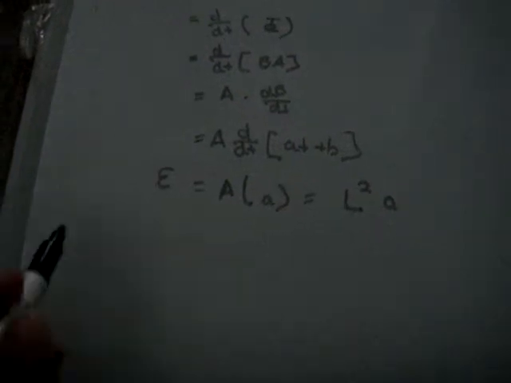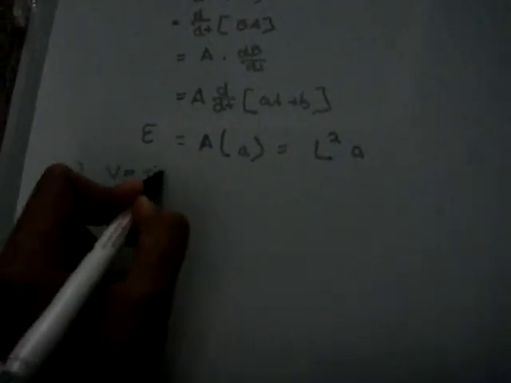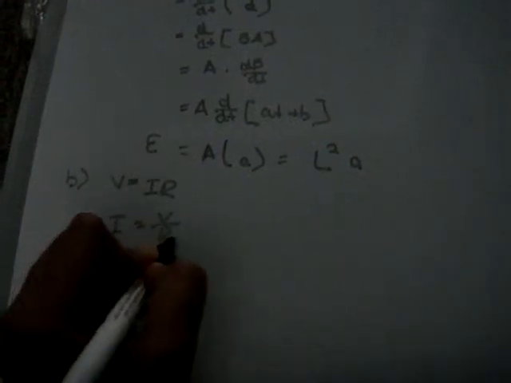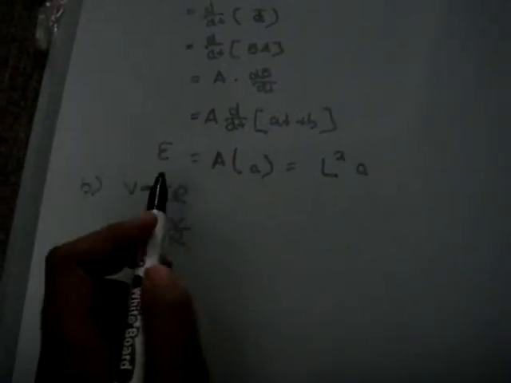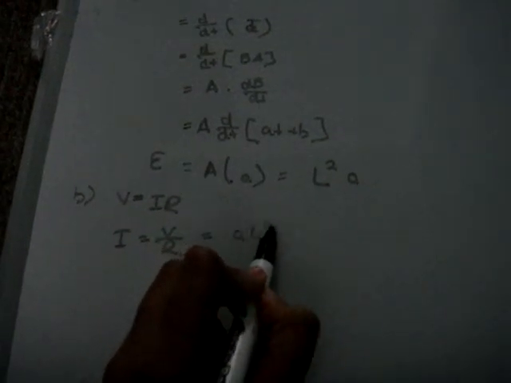Okay. Part B. Determine an expression for the current through bulb 2. Okay, so B, and bulb 2 is right there. They want to know the current. So we can start again from V equals IR. Then we can solve for the current, so I equals V over R. Now over here, we just found the voltage, so we can just write A times L squared.